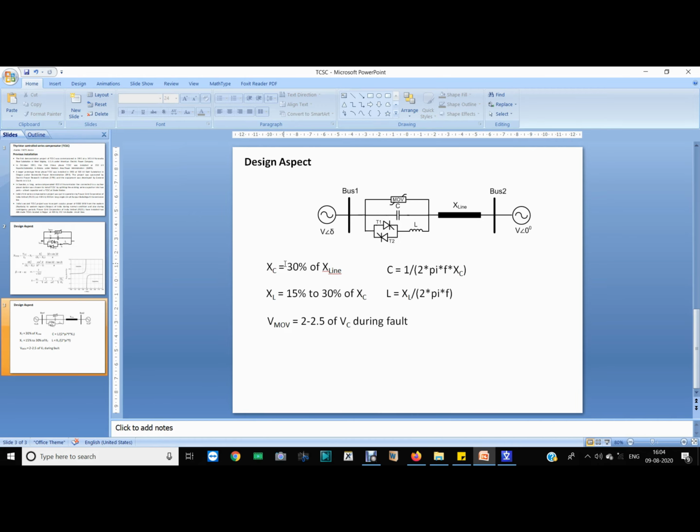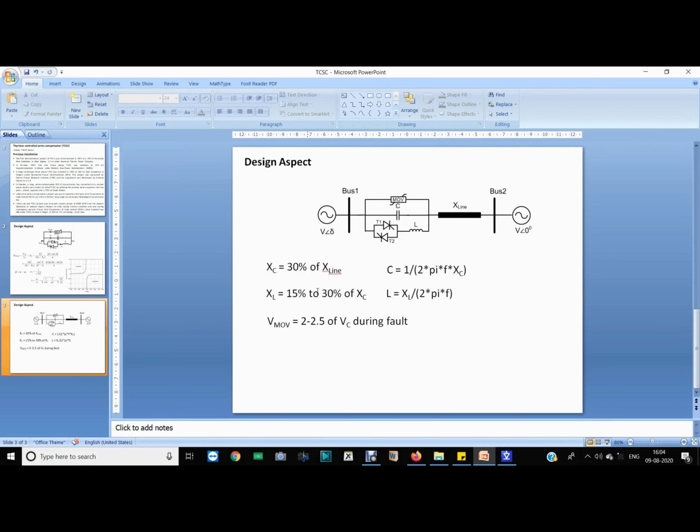So if it is calculated by this formula, we will get this XC. Now C can be found by this formula, and this is a well-known formula. I don't need to elaborate these things. You will get the value of C. Now it is a convention that XL, the impedance across this L, will be 15 to 30% of XC.